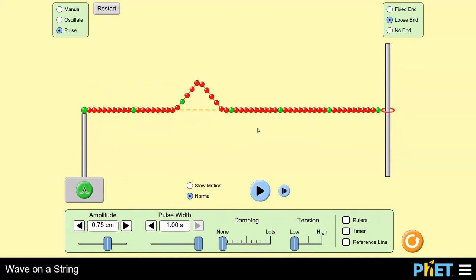These beads over here have no energy because they're not oscillating, or you could say that their amplitude is 0. This bead in the middle here has more energy than any other bead because it's currently oscillating with the largest amplitude. So each of these beads, which can be regarded as a simple harmonic oscillator, passes its energy on to the next one as the pulse travels by.